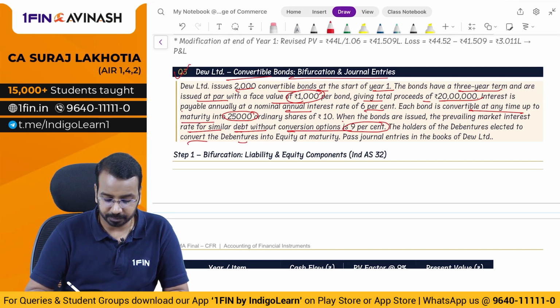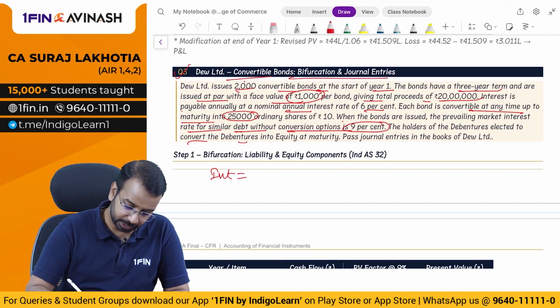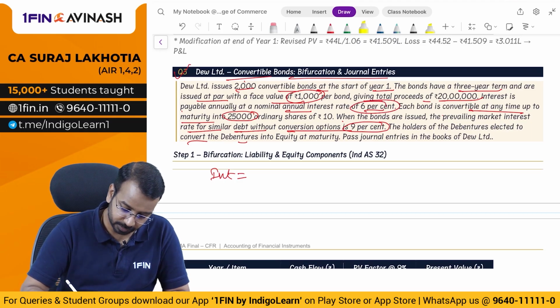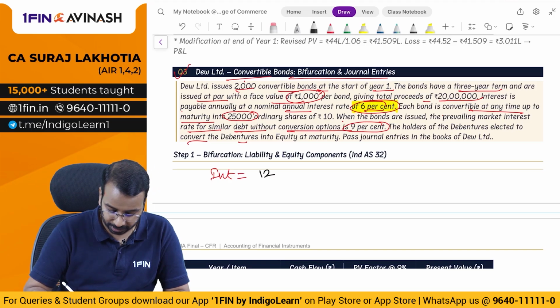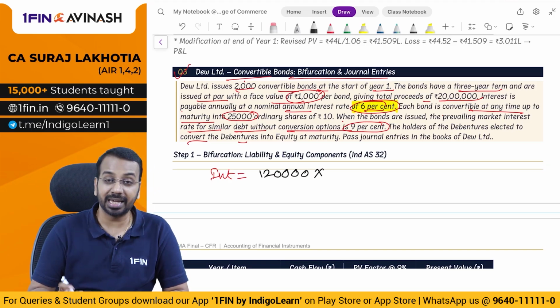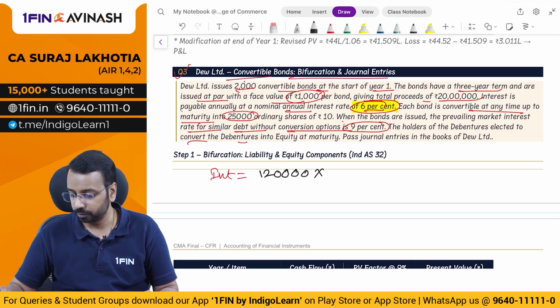You need to calculate what is the interest payable. Interest is 2000 into 1000, 20 lakhs. 20 lakhs into what is the interest rate? 6%. So please be careful, 6%. So 20 lakhs into 6%, what is the interest you will get? 1,20,000. This is for 3 years at 9%. So 1 divided by 1.09, for 1, 2, 3.